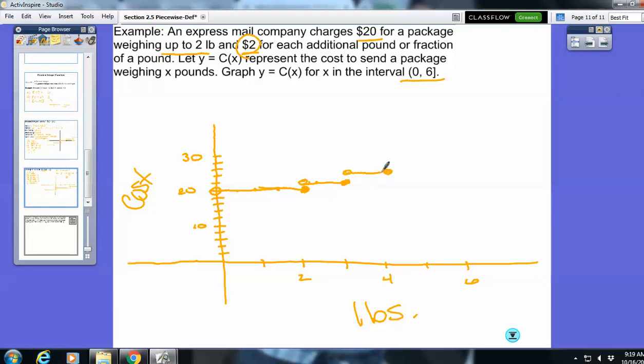And you'll be paying $24 up until you get to 4 pounds. And then what are you going to pay? 26. And you'll be paying 26 until you get to 5 pounds. And then you're going to pay 28 until you get to 6 pounds, because for every additional pound, we had to go up another $2.